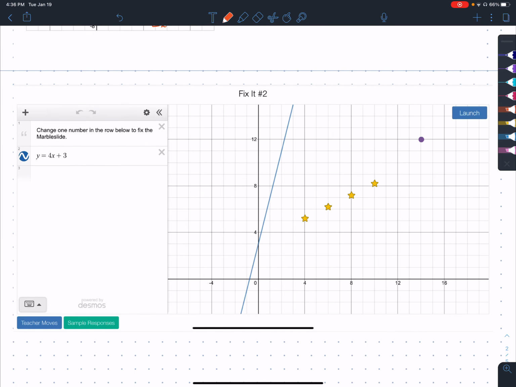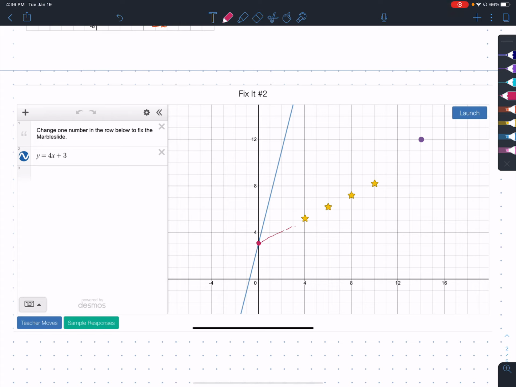Okay, this one here is a different Desmos activity, the marble slides activity. So an equation is given, and you need to adjust this blue line in order for it to line up with these stars. So we have a pretty good initial value here.